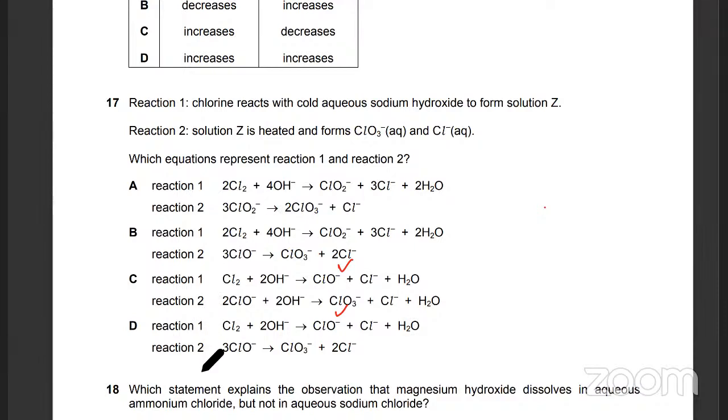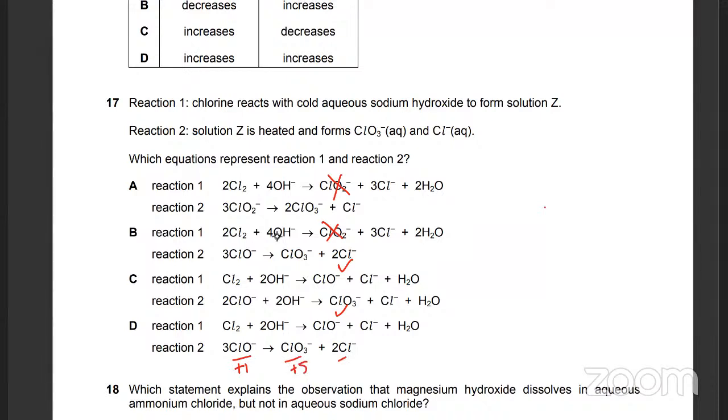So which of the reaction number 2 is correct? D, this one. The B is out of the question because it doesn't form ClO2-. And why is D correct? What is the oxidation state of Cl over here? That's +1, right? What is the oxidation state over here? That's +5, right?